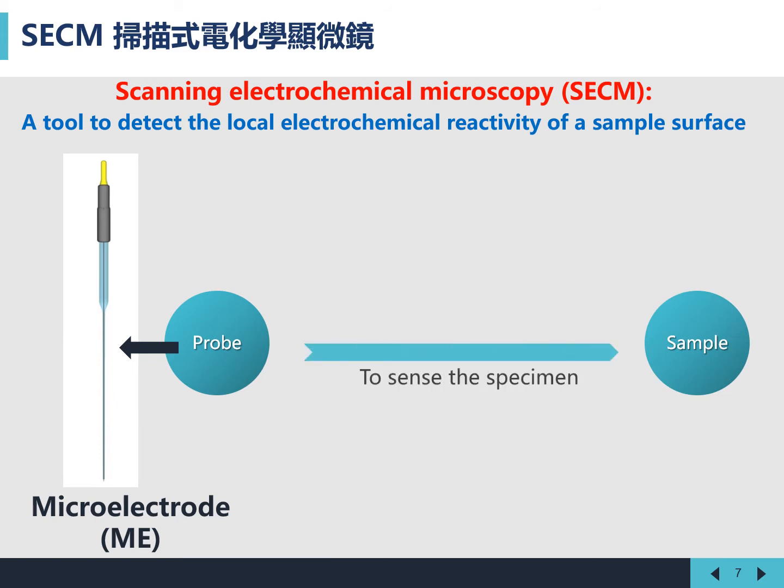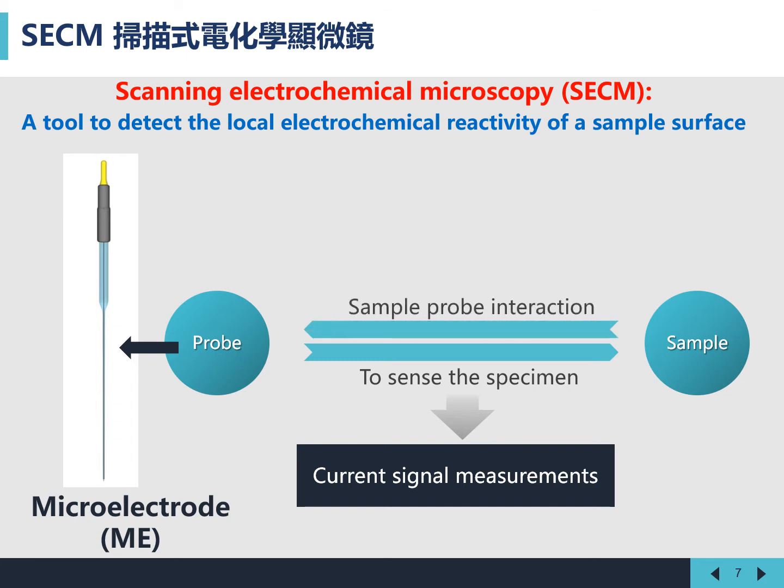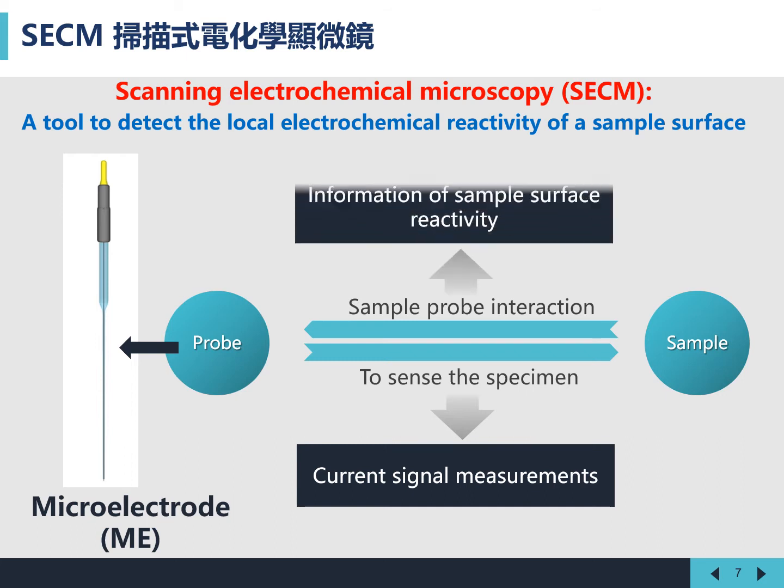To sense the specimen, usually the current signal is measured. Of course, you can measure potential signal as well. Then the sample can interact with the probe by sample-probe interaction. Finally, the information of the sample surface reactivity can be understood.